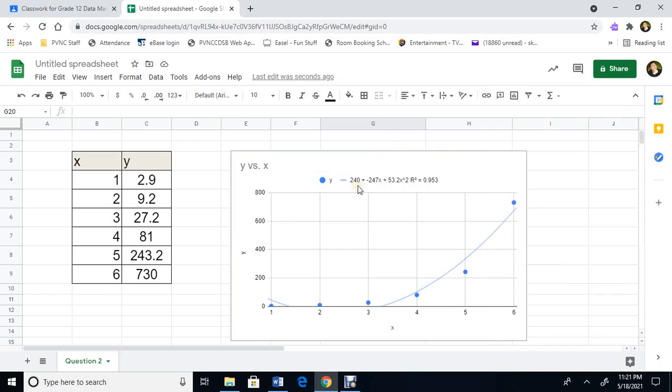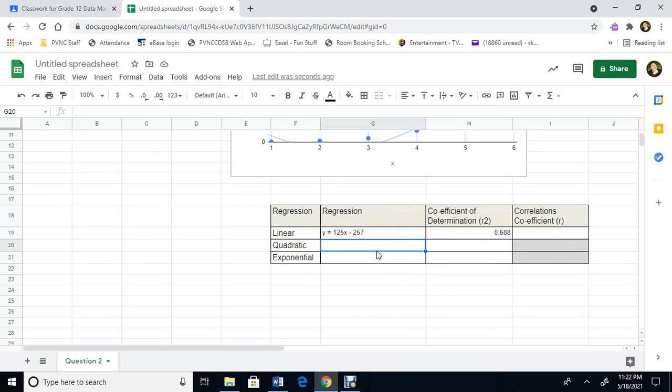And we'll type this equation. Let's take a look here. We just type 240 minus 247. We'll put it in our table.